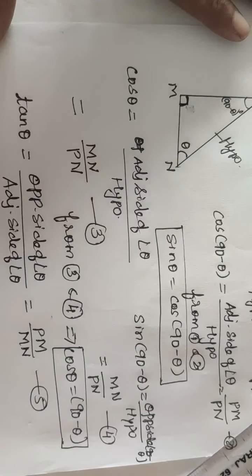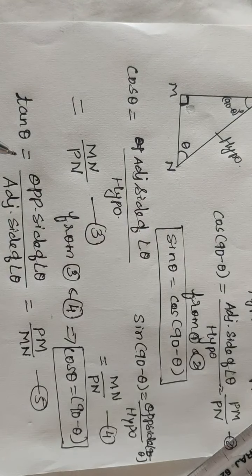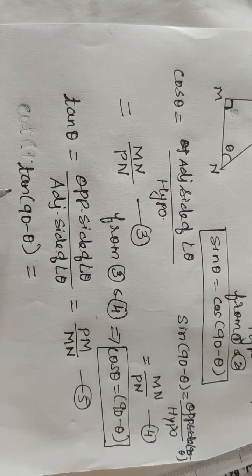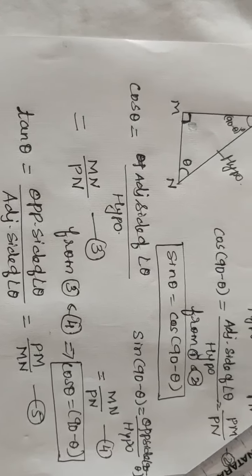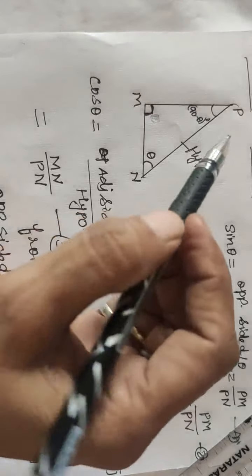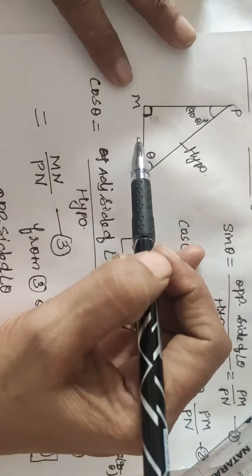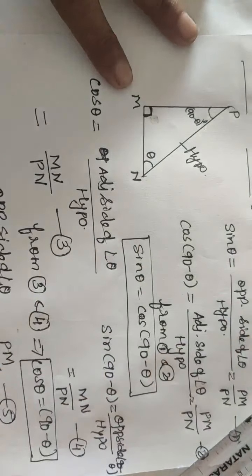Okay. Now let's find out tan of 90 minus theta. Let's see the figure first. Here is the figure. We know the ratio is opposite by adjacent. So for tan of 90 minus theta, what will be the opposite? MN by PM.